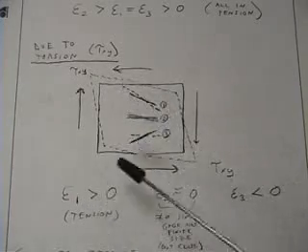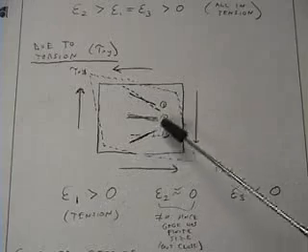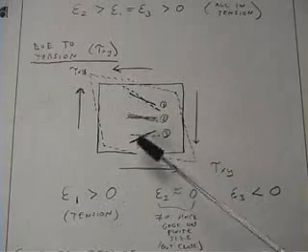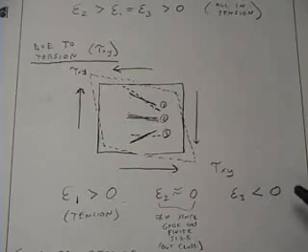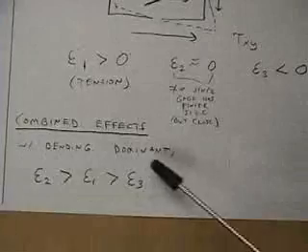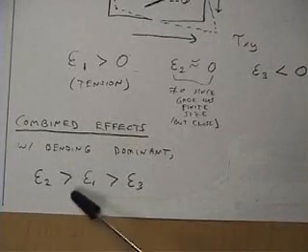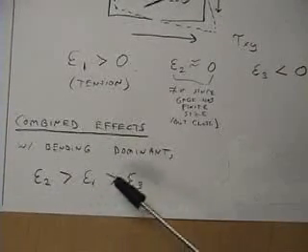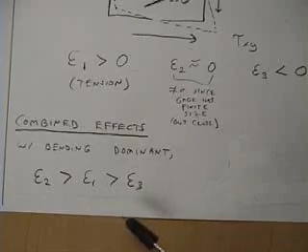It will be in tension. Gauge 3, because it is oriented against the stretching direction, will actually be compressed slightly, and it will have a negative strain. So by combining these effects, assuming that bending is dominant, the strain in gauge 2 should be larger than the strain in gauge 1, which in turn should be larger than the strain in gauge 3.